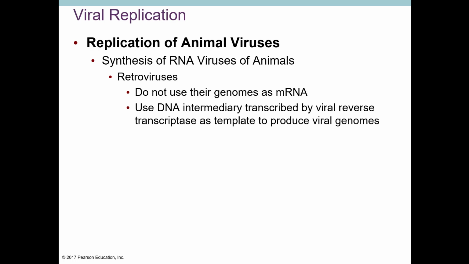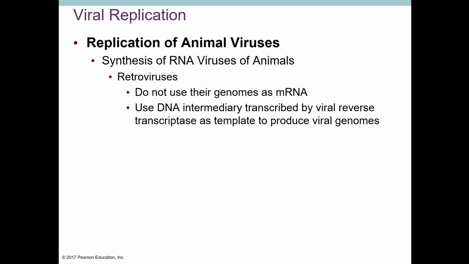And what they do is they copy their RNA chromosome and make it into DNA, and then they insert that DNA into the cell's nucleus, just like that lysogenic cycle of the phage. In a similar way, these animal viruses can become dormant.